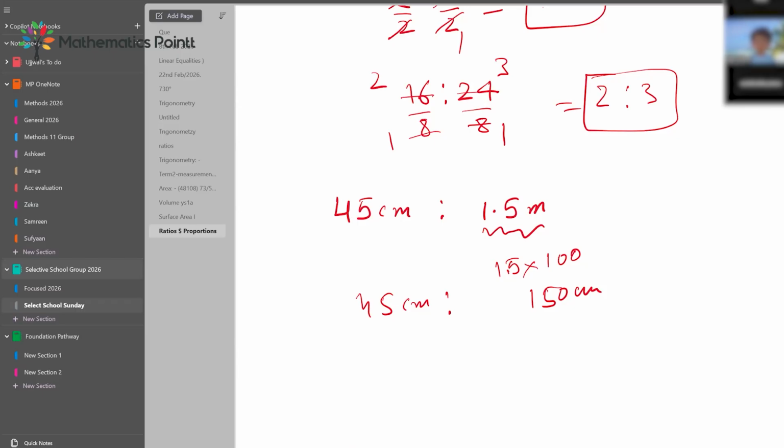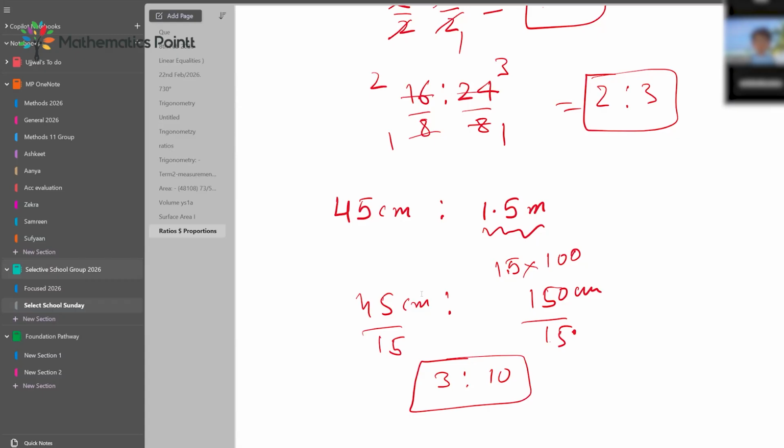Right? 45 and 150. 15 is my common factor, my highest common factor, which means 3:10. Good job, everyone. This was easy.